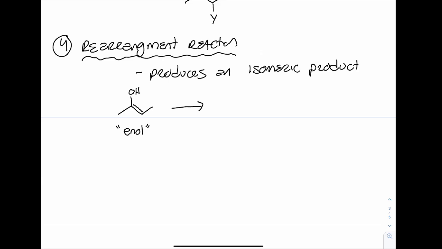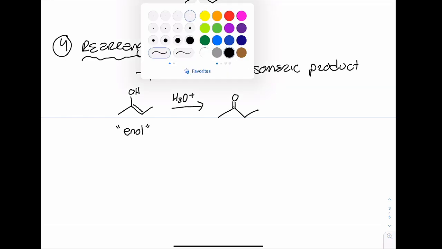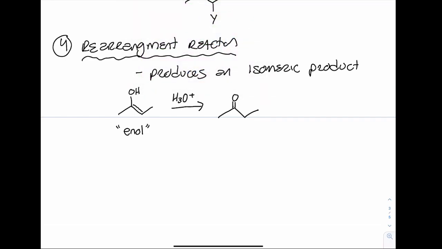So I'm going to add a strong acid to it, and it's going to react with my enol, and we're going to produce a ketone. And if we were to figure out our molecular formula, in my enol, I have 1, 2, 3, 4 carbons. I have 1 oxygen, and then I have 1, 2, 3, 4, 5, 6, 7, 8 hydrogen.